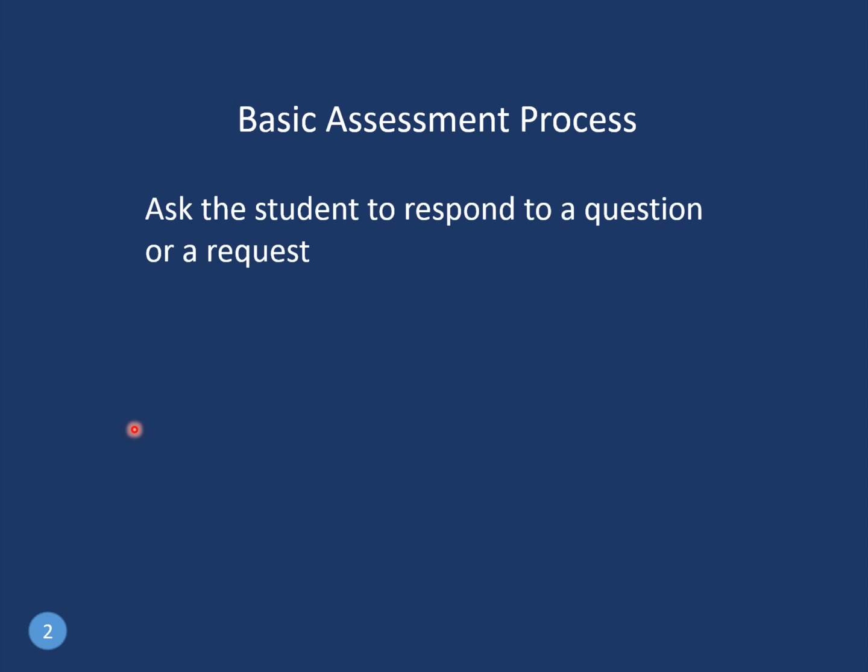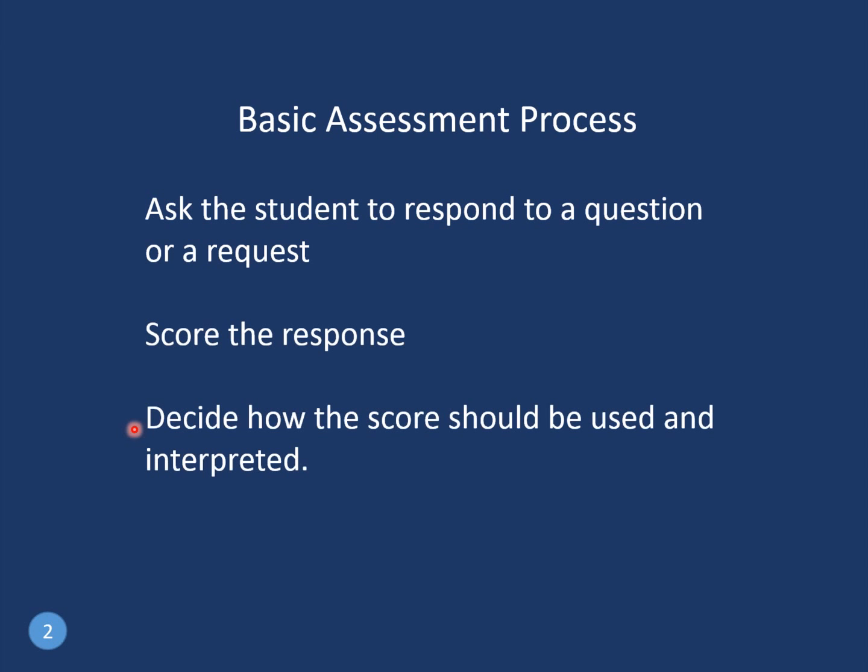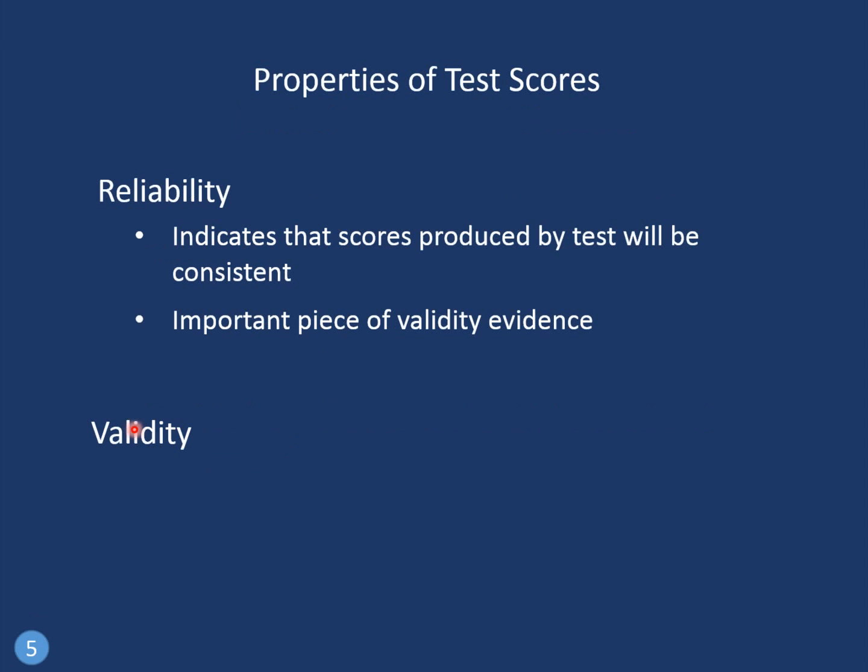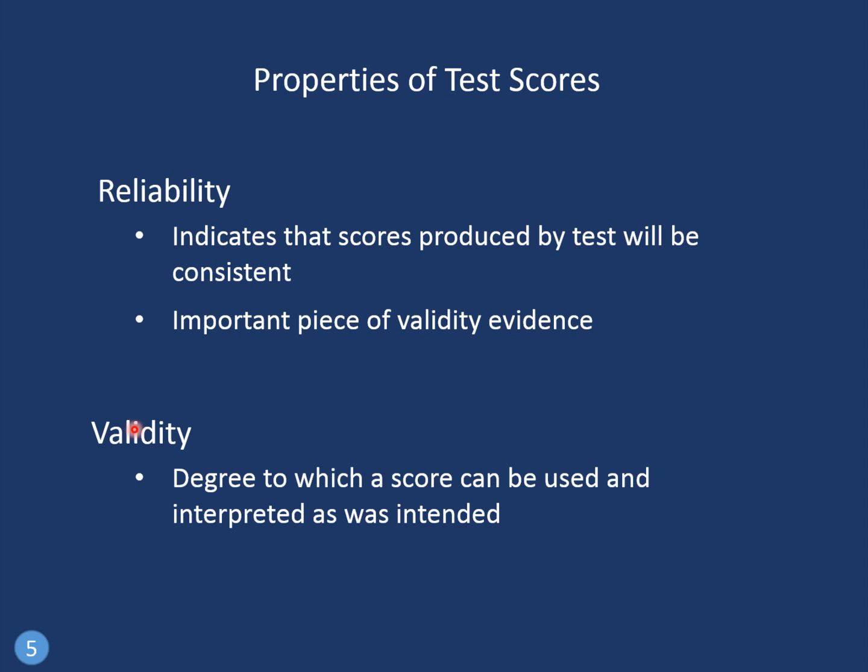And we mentioned last time the basic process of asking the student a question, getting a score, and the key thing is how are we going to use that score and interpret it, because that's the essence of validity. And the properties we look at always in test scores, as we alluded to before, are the consistency, which is a piece of validity evidence. So we're still looking for validity evidence.